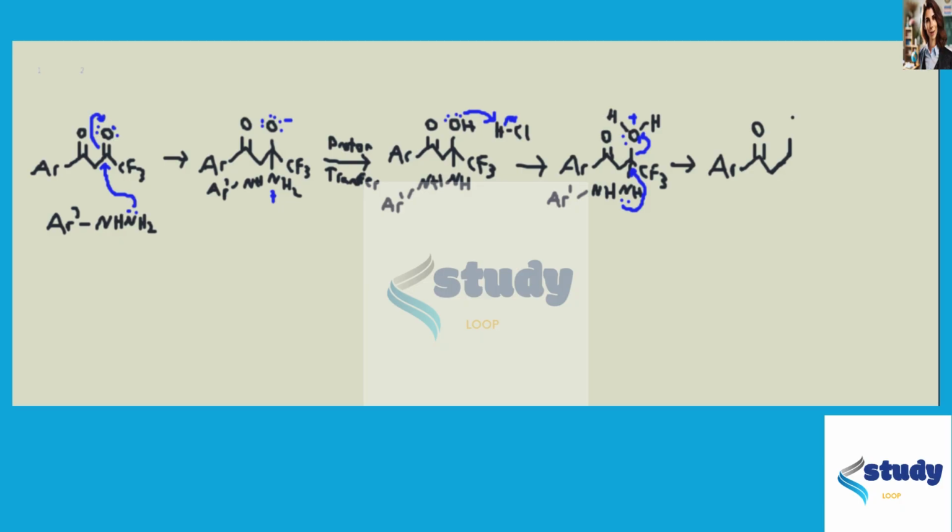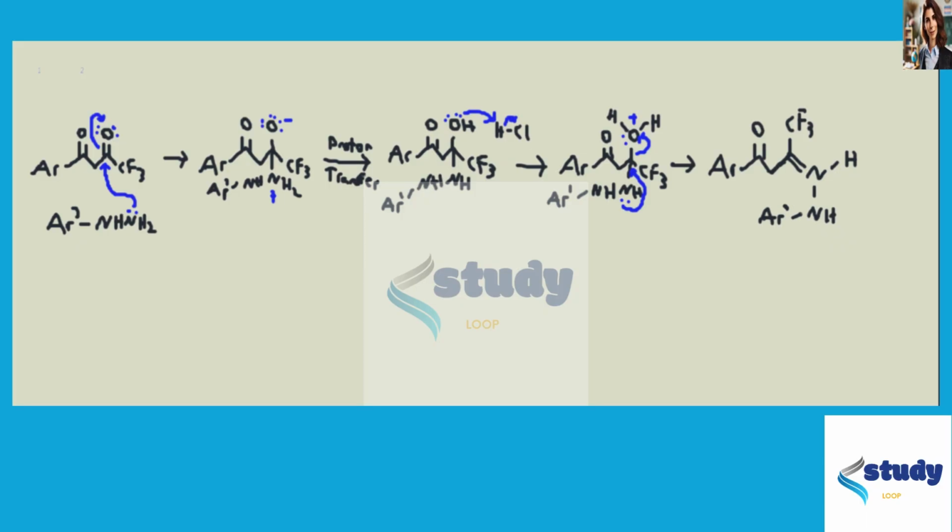So I'm going to put the CF3 up here now. It's going to make this sort of easier to look at and work with. So here is our double bond to the nitrogen. The nitrogen has this proton as well as the other nitrogen, and then that has the AR prime group on it.